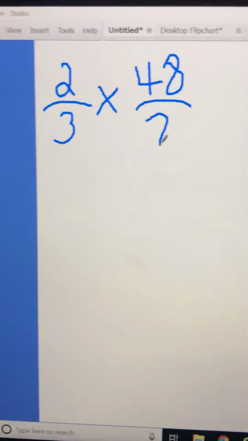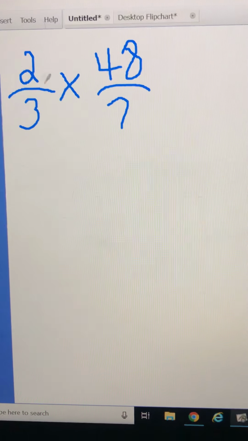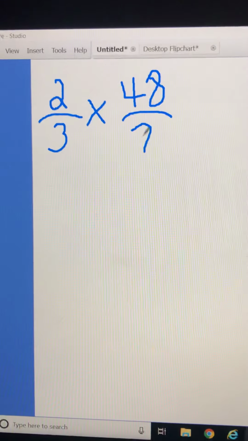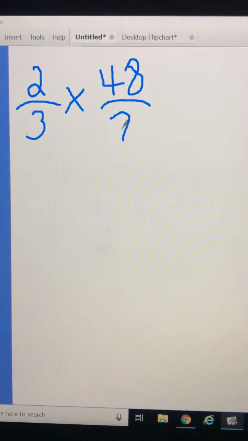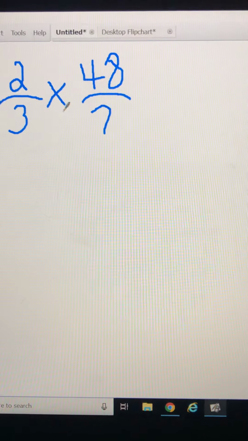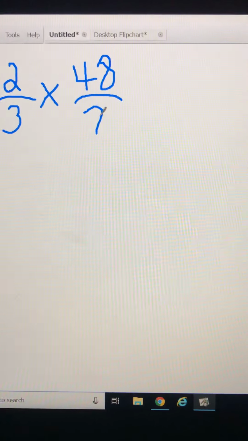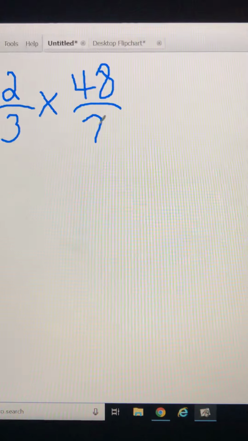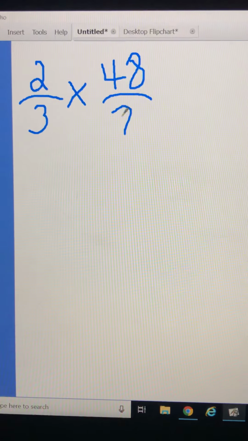So I'm looking at 2/3. Let's start by looking at 2 and 7. Can I cross cancel anything there? Can I divide both 2 and 7 by something to get a smaller number? No, I can't. 2 is even, 7 is odd. I don't have any factors I can multiply to get those numbers.